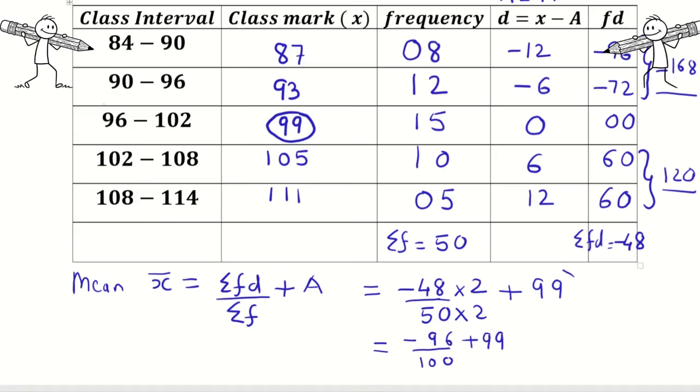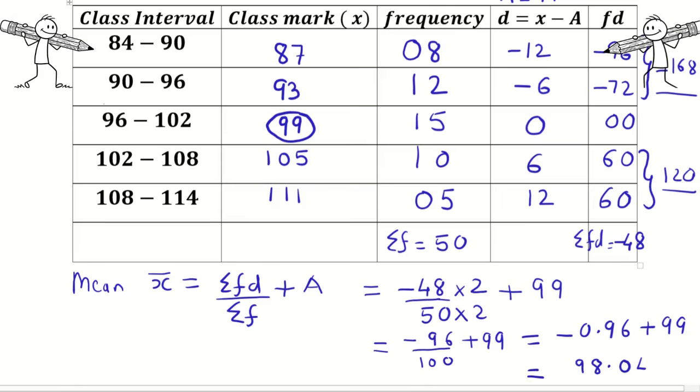Now, every time I teach my students, no touching this number. Just play with this. So, when you calculate this, this comes to minus 0.96 plus 99. Plus minus is minus, sign of the greater number. So, when you calculate this, the answer is 98.04. This is the mean by the shortcut method.